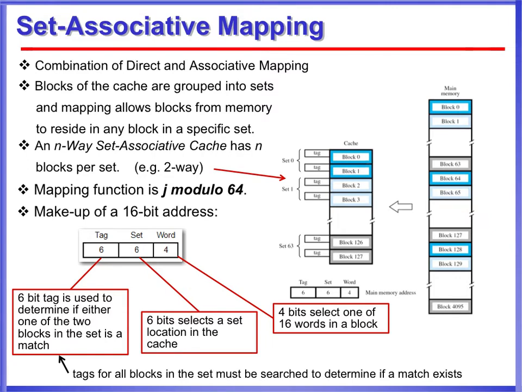Or, there's going to be some control bits associated with all of these, and that control bit might be set to a 1 or a 0, and then the processor will look at them when choosing which one of these 2 blocks to write a new block from main memory into. If the words in this block haven't been used in the longest time, its control bits will be a certain value, and that's the one it chooses to overwrite with the new block from memory.